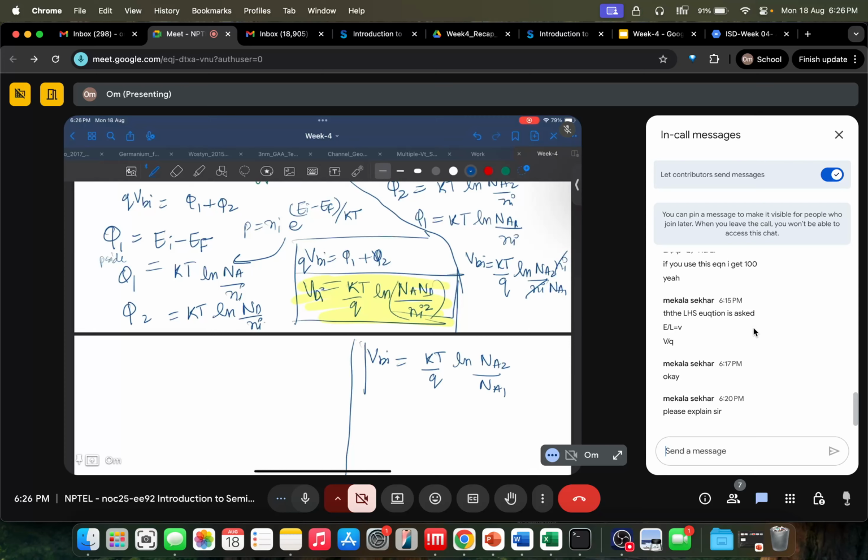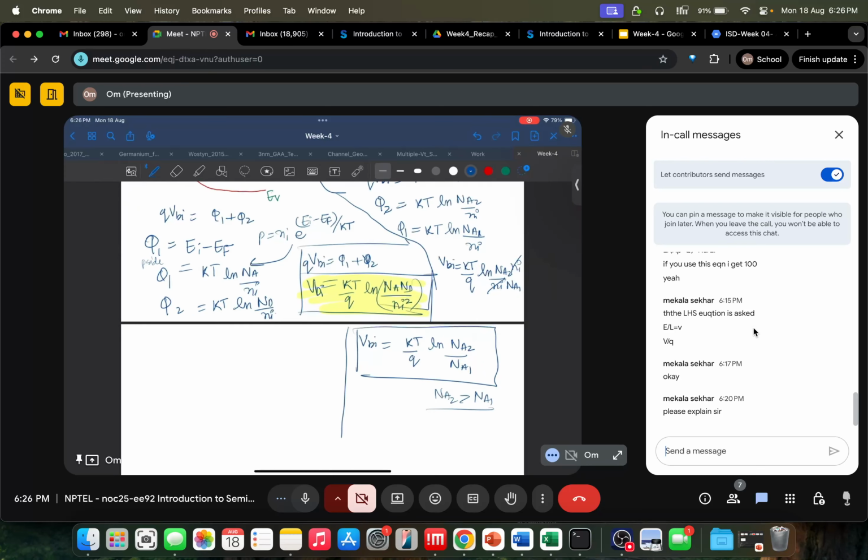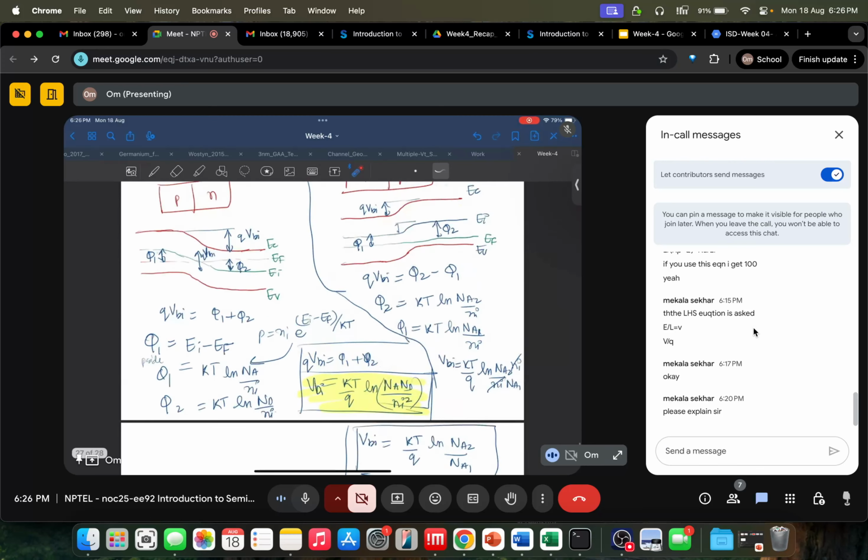Here we have Na2 is the greater one, and Na1. So now using this, we can find what is VBI, right? It is phi 2 minus phi 1.